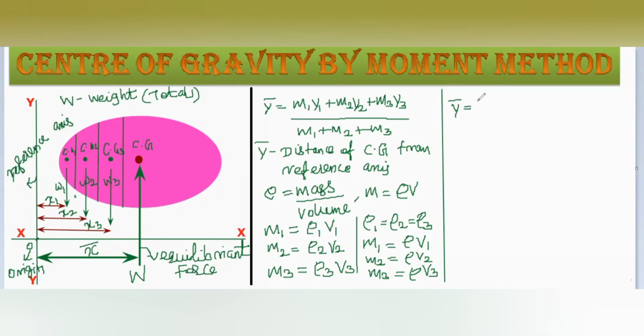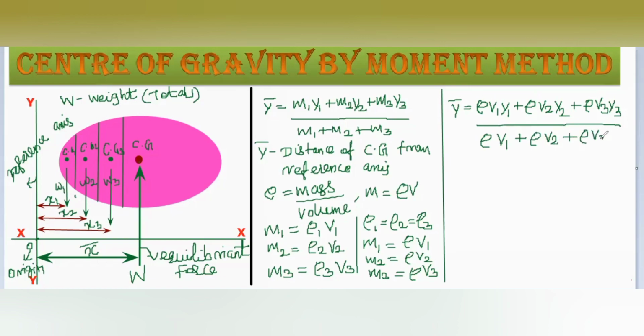So this equation will become rho V1 Y1 plus rho V2 Y2 plus rho V3 Y3 divided by rho V1 plus rho V2 plus rho V3.